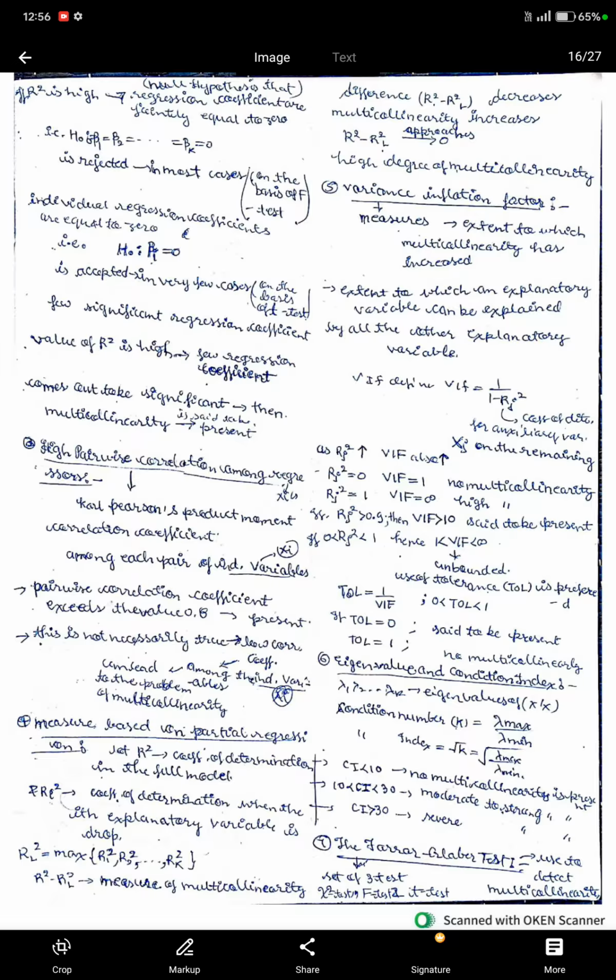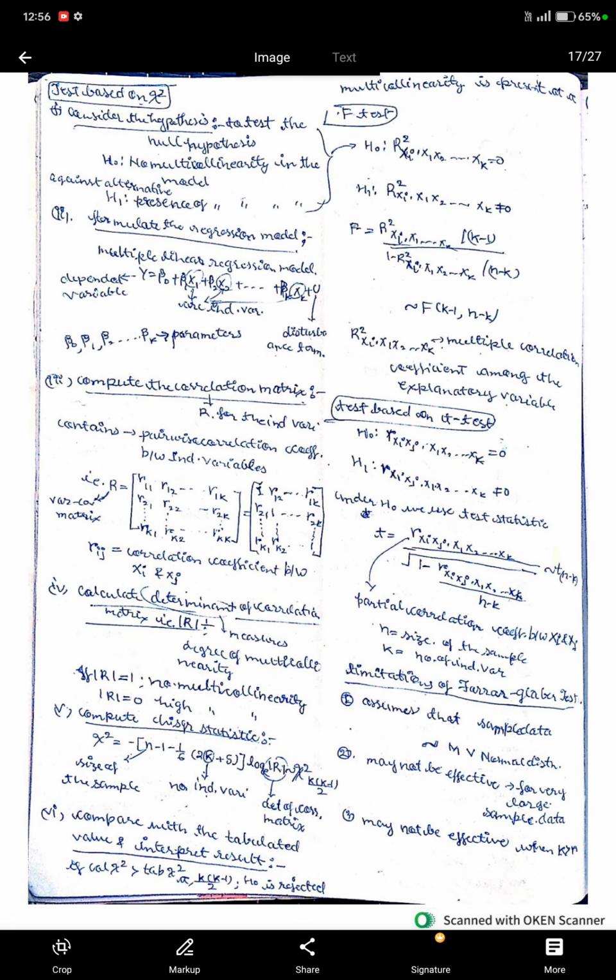Second, formulate the multiple linear regression model y equals beta naught plus beta 1 x1 plus beta 2 x2 and so on, plus beta k xk plus u, where x1, x2 and so on xk are independent variables and y is the dependent variable. U is the disturbance term. Beta naught, beta 1, beta 2 and so on, beta k are parameters.